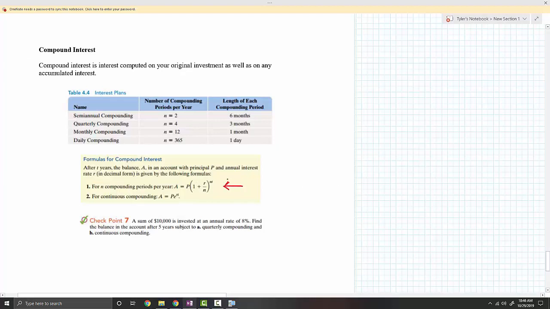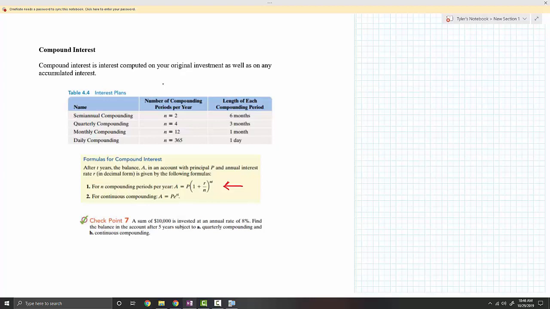With compound interest, one thing we have to think about is how many times it's going to be compounded, and the more times it's compounded, the better off you are, because you're getting interest on interest. In terms of being better off, if it's a savings account, you're going to get more money, and the more times it's compounded, the more money you're going to get because you're getting more interest on interest.